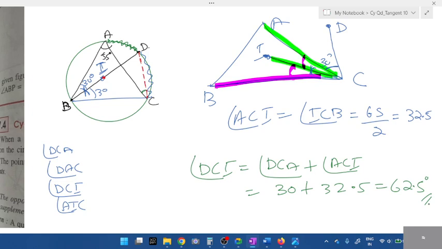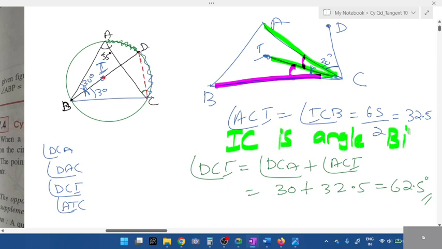Right. See, below this, write the statement: ACI and BCI, IC is the angle bisector.